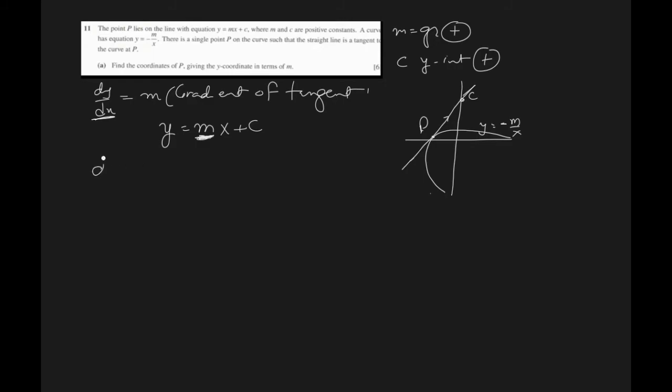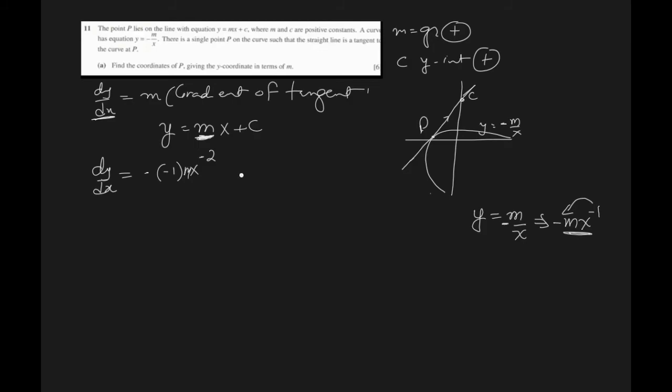dy over dx of y equal to minus m over x. We can write this as negative m x to the power minus 1, and this is what we have to differentiate now. This minus 1 comes in front, and after this negative, x to the power will go down by 1, which will be minus 1 minus 1, which is minus 2, and m remains m.